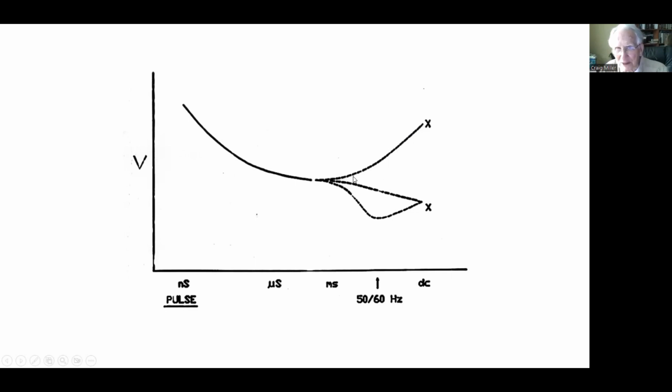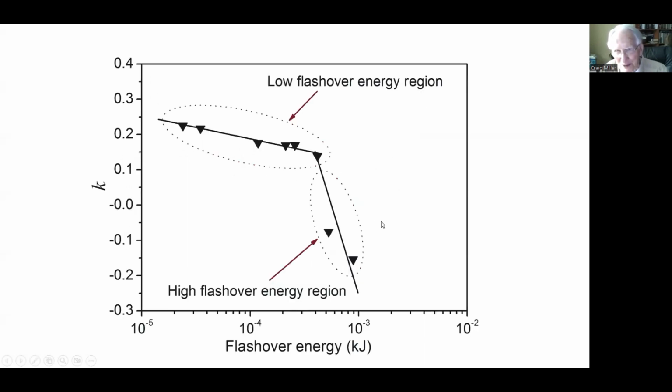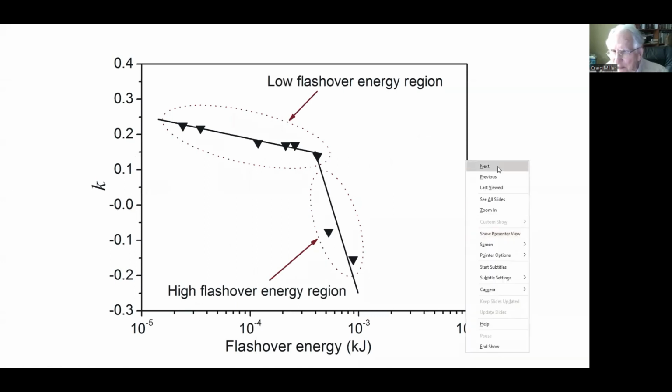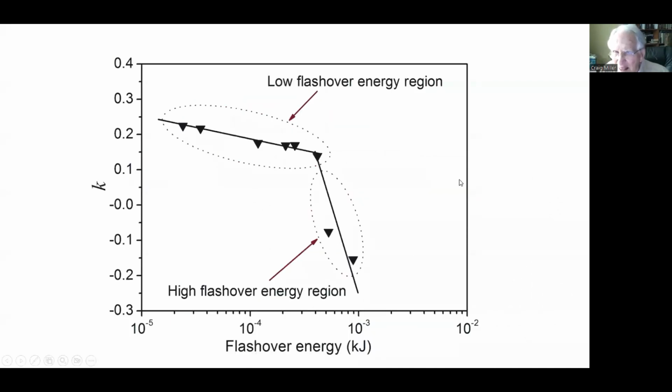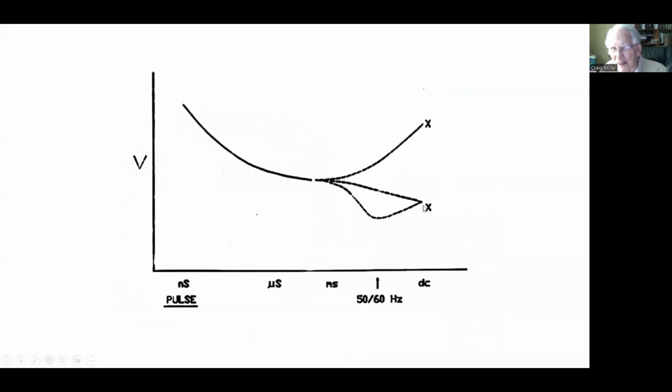Most common, it just continues to decrease slowly out to DC, which is the lowest voltage. Unfortunately for engineers and power people, a very common one, the voltage decreases to a minimum right around power frequency, 50, 60 hertz, and then increases out to DC.